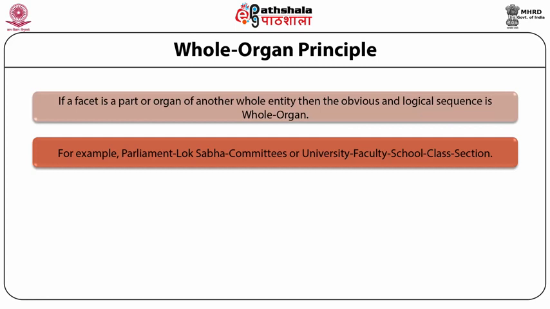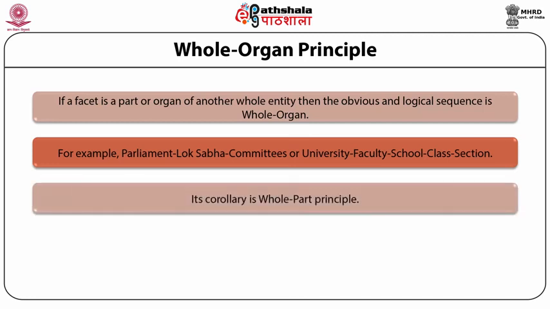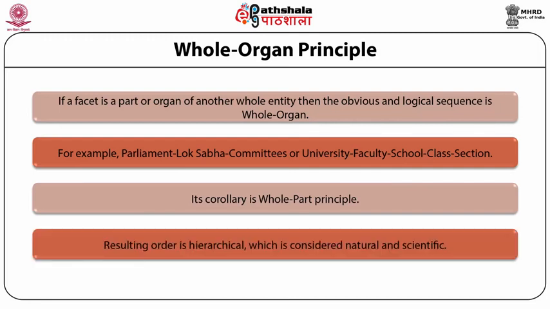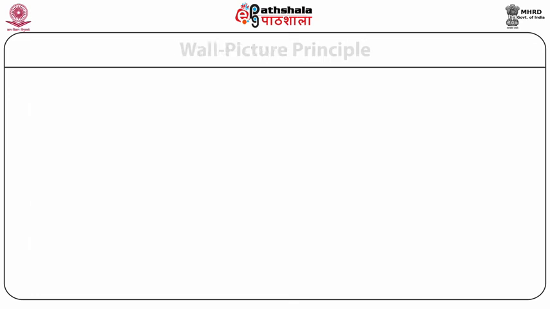Similarly, in a university setup, we can have a sequence like this: university, faculty, school, class, and lastly section, if any. Its corollary is the whole-part principle, because an organ is a part of the whole. And of course, the resulting order by this principle is always hierarchical, which is considered a natural and scientific order.